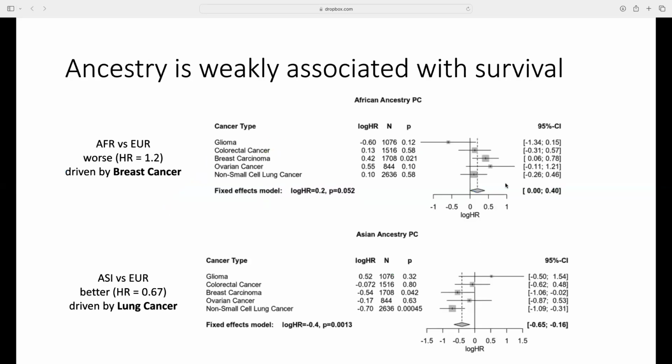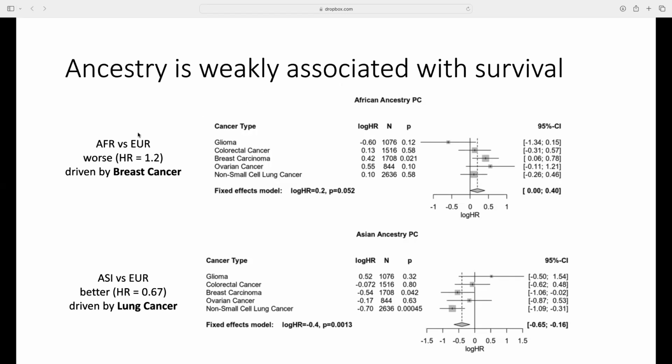And when we do this, the first thing that we observe is, when we plug these features into a model, again in the clinical data, largely from patients treated at Dana-Farber, without somatic mutations, we see that there is already a weak association between genetic ancestry and survival.